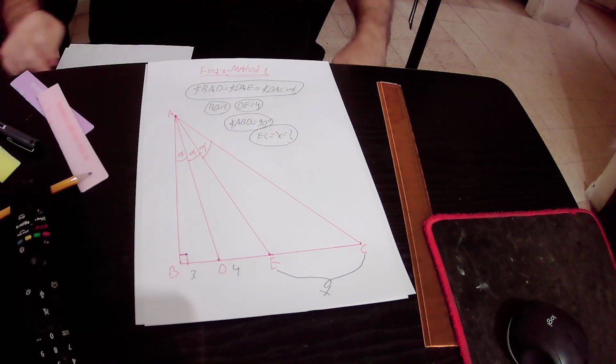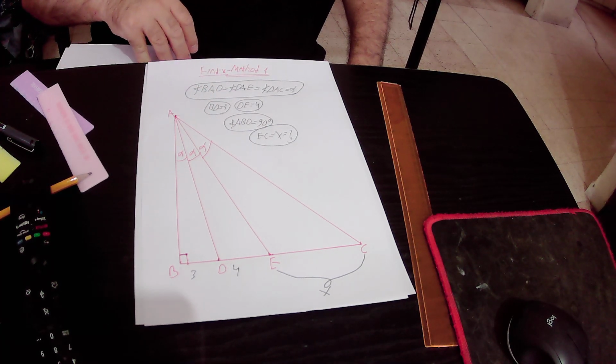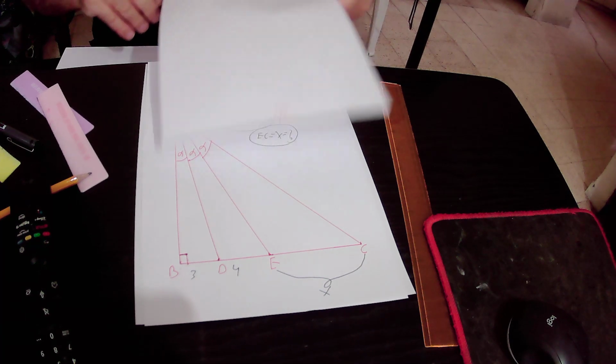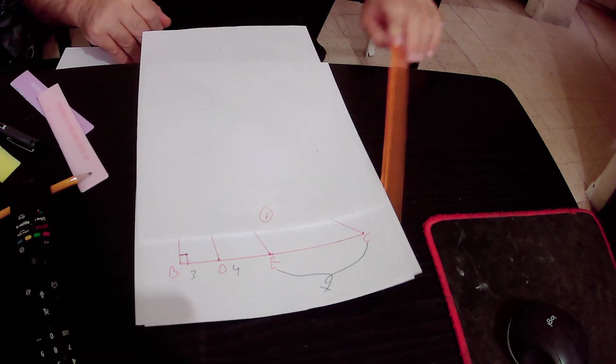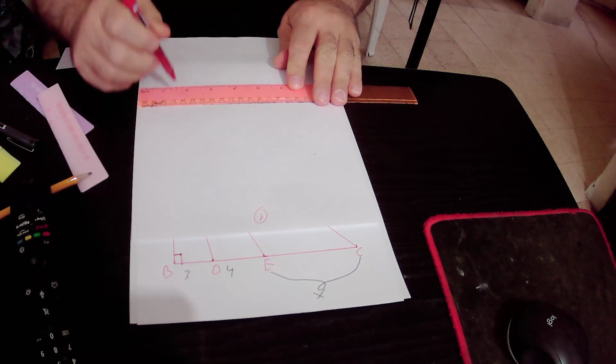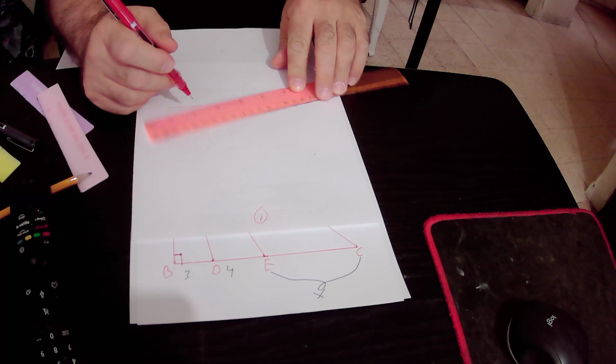Okay, so first of all I will present to you the angle bisector theorem. The angle bisector theorem relates to a triangle.